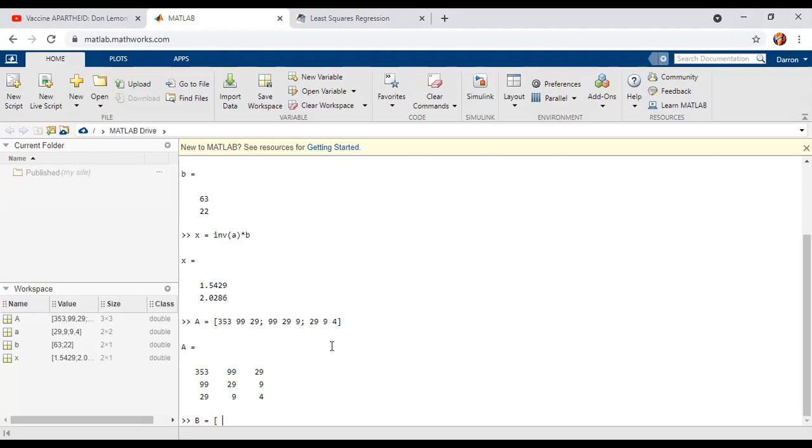Those were the numbers there. Now for the column vector, you remember them: 211. And the next number is what? 63, and 22.